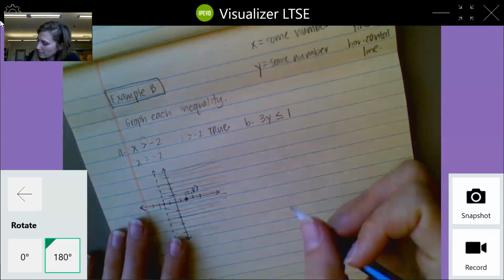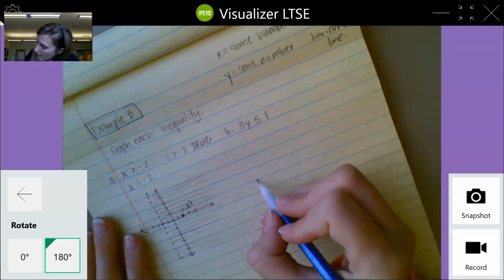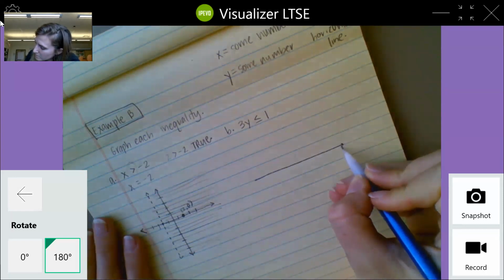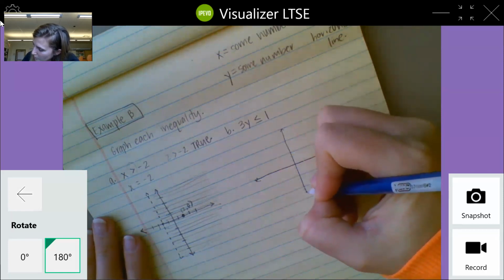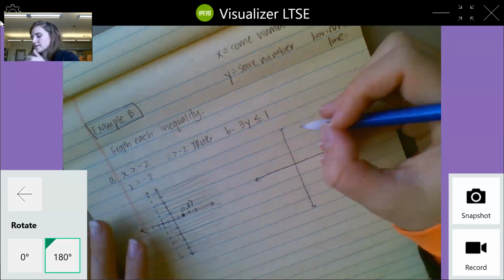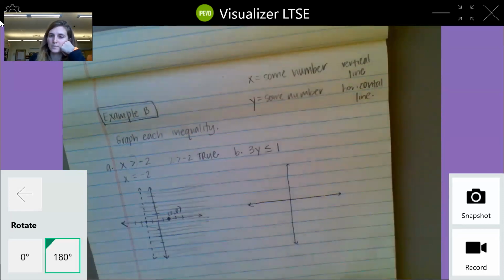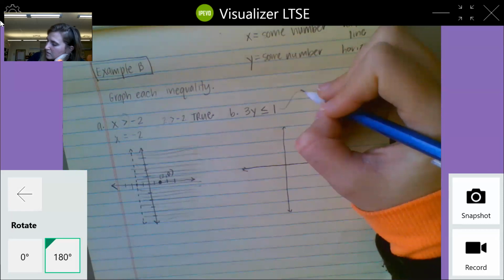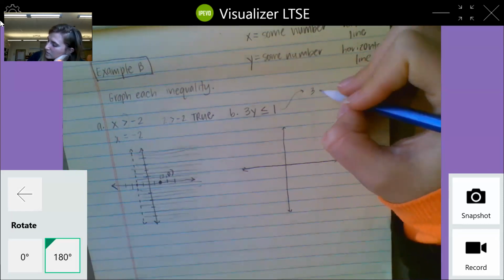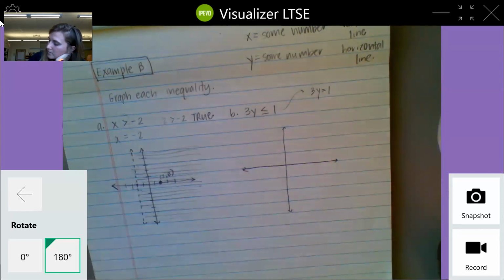Now let's try this one. So we have 3y less than or equal to 1. So first thing we want to do is rewrite that with an equal sign instead of an inequality.